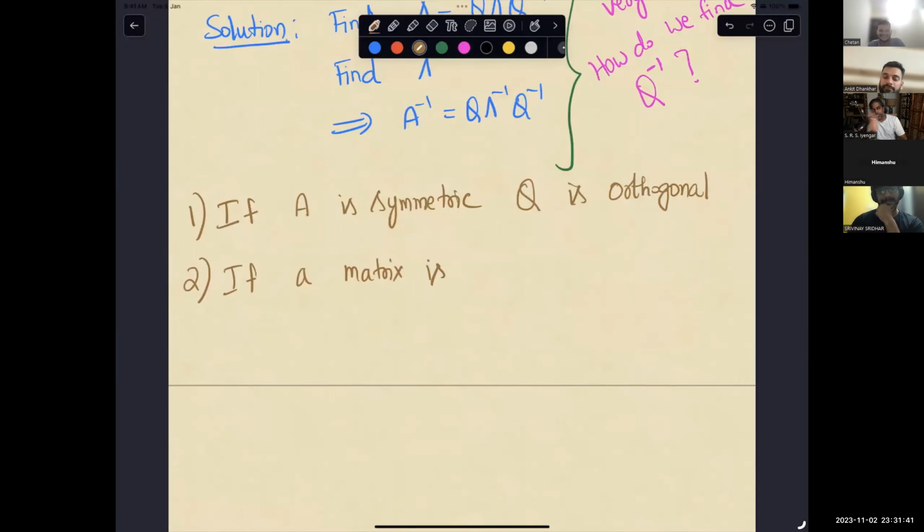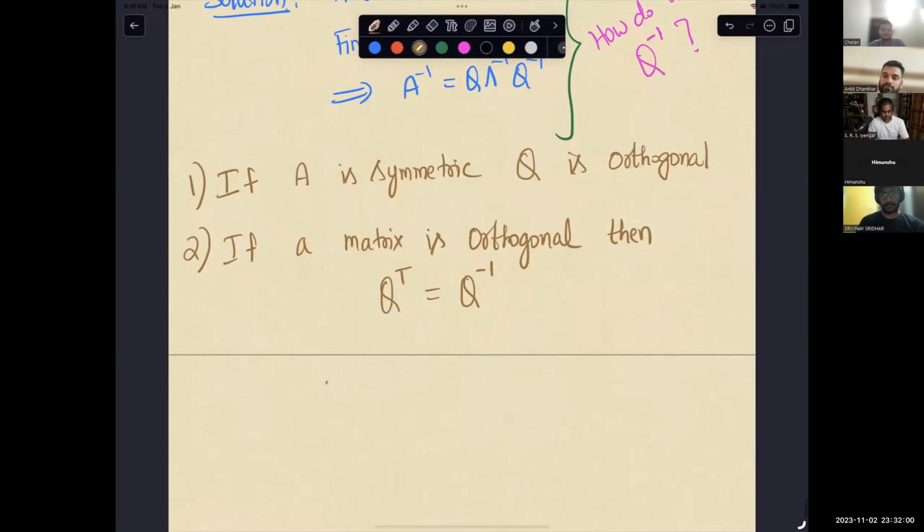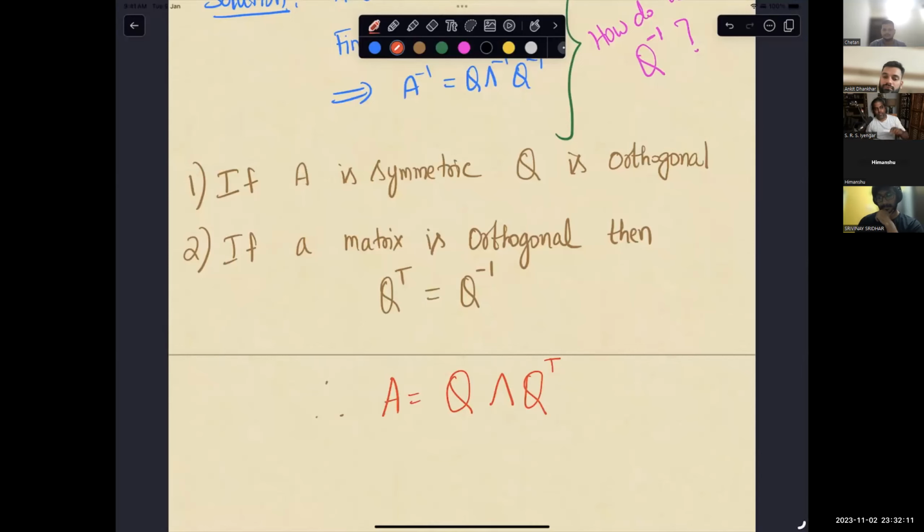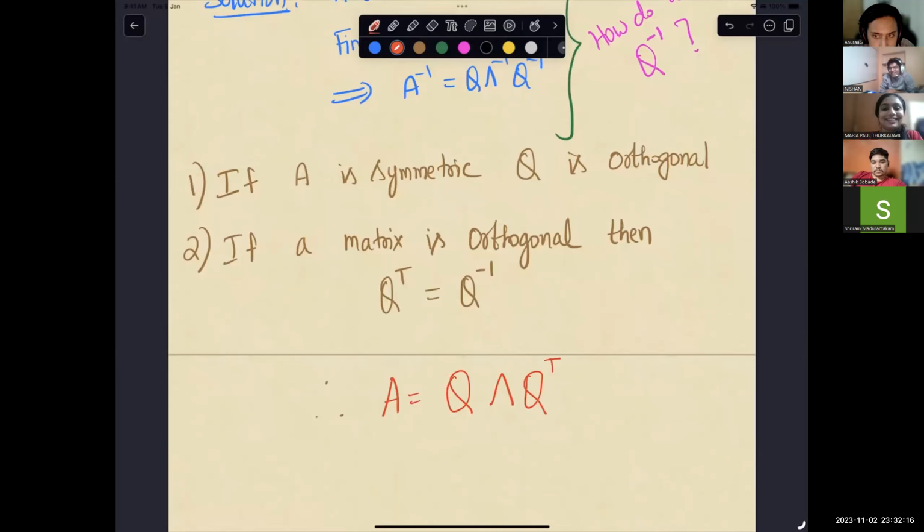Orthogonal means columns are orthogonal to each other. Look at the beauty here. I ended it with style.